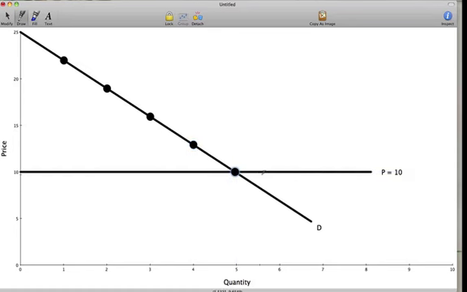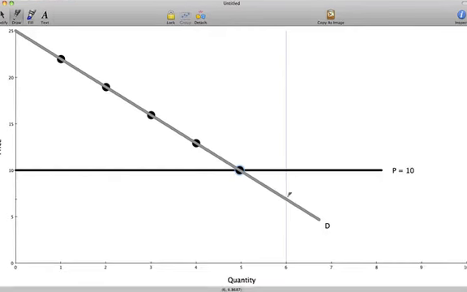Now, what about that sixth DVD? Well, the store says it costs $10 for the sixth DVD. But we would have been willing and able to pay only about $8 for that DVD. So are we going to buy that particular DVD?